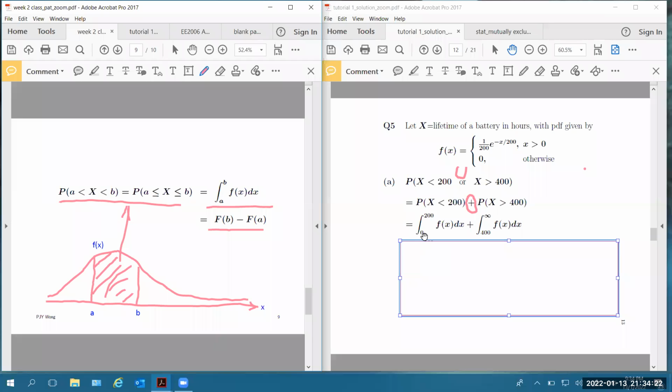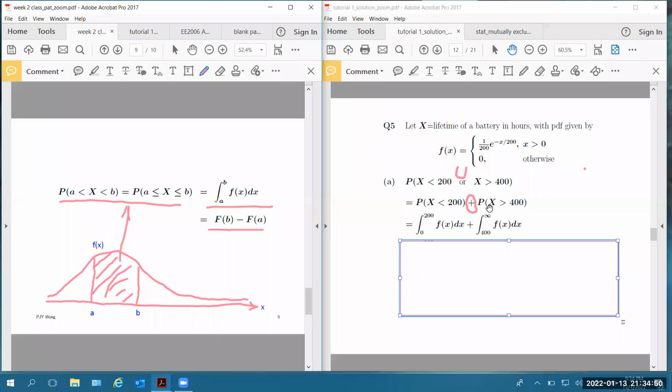Because it is time, there's no negative time. Well, if you look at the expression of f(x), you only have an expression for x more than 0. So the small x here has to be more than 0. That's why you integrate from 0.